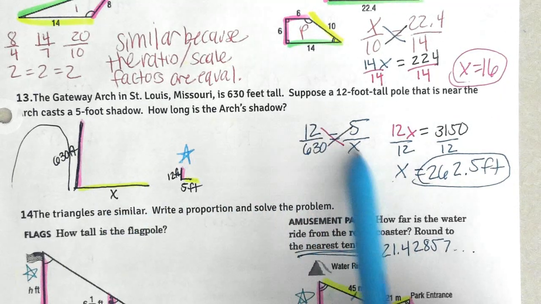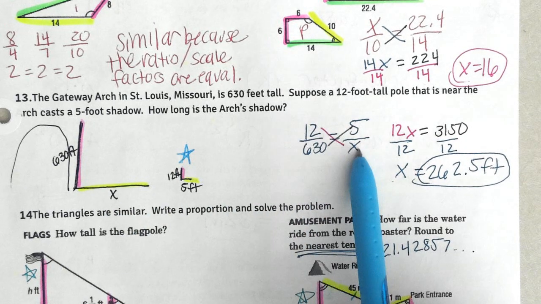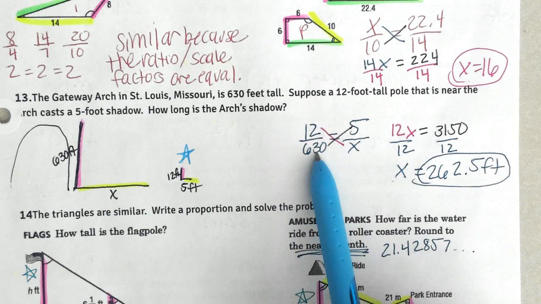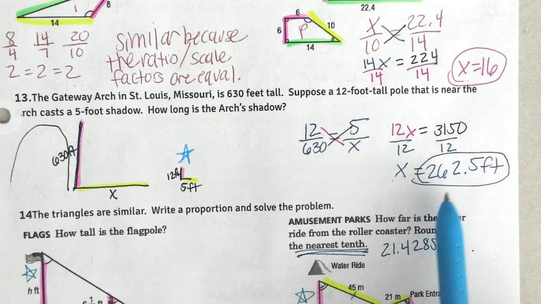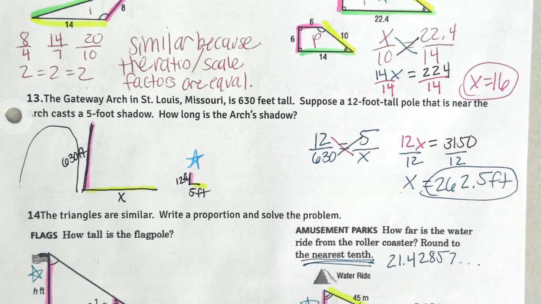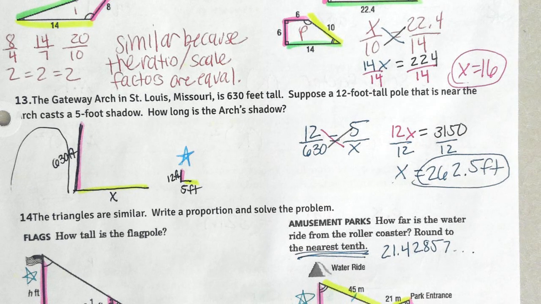Then you do your cross products and solve. So 12 times x is 12x. 5 times 630 is 3,150. Divide by 12 on both sides, and you get 262.5 feet. Okay. Any questions on that one?